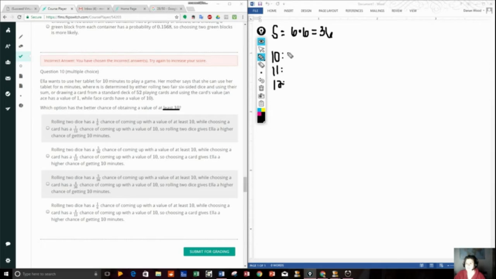Well, I could make a 10 out of a 4 and a 6, or a 6 and a 4. I can make a 10 out of a 5 and a 5, and this is only one way, because 5 is rolled on the first dice and 5 is rolled on the second dice.